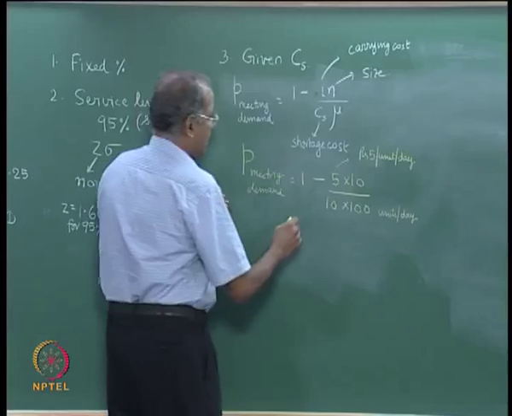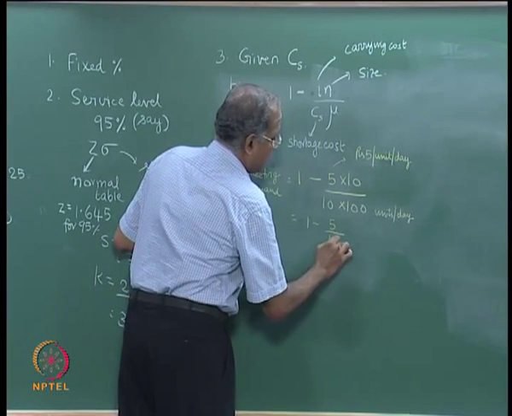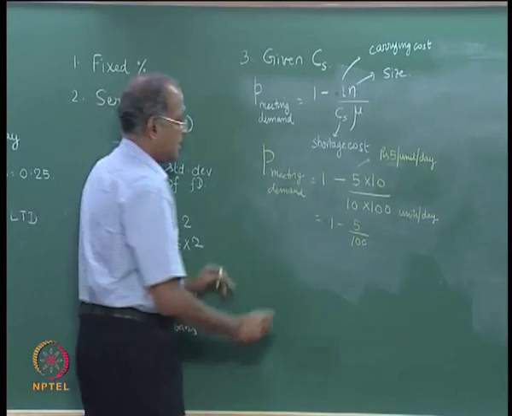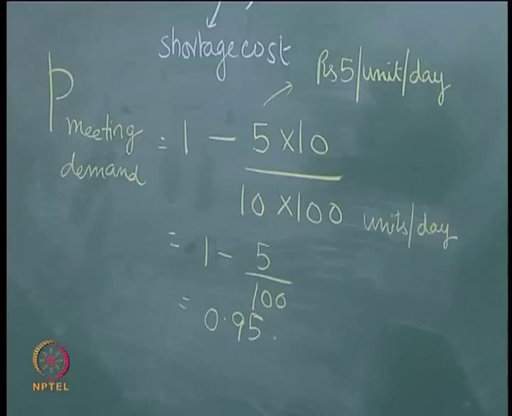So this will be 1 minus 5 by 100, which is 0.95. So given the Cs, we calculate this 0.95.